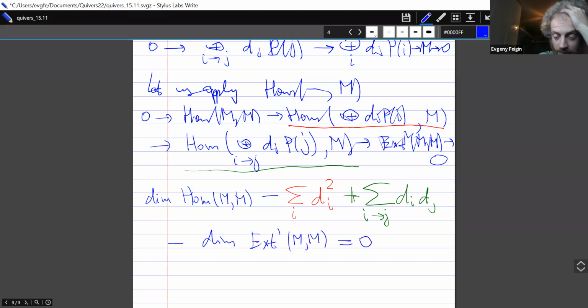And this sums up to 0 because the sequence is exact. So this is our conclusion, that the value of the quadratic form q on d is exactly the dimension of Hom spaces minus the dimension of Ext spaces.